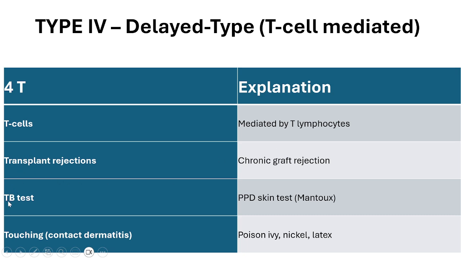The other T is for the tuberculosis test, the purified protein derivative test, also called the Mantoux test, which also falls under type 4. And the other T is for touching or contact dermatitis, like poison ivy, nickel and latex. So I hope this clears your doubt about type 4 hypersensitivity reaction. Just remember the 4 T's to make it easier.